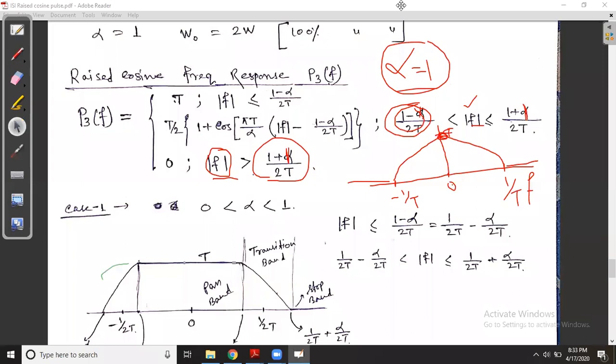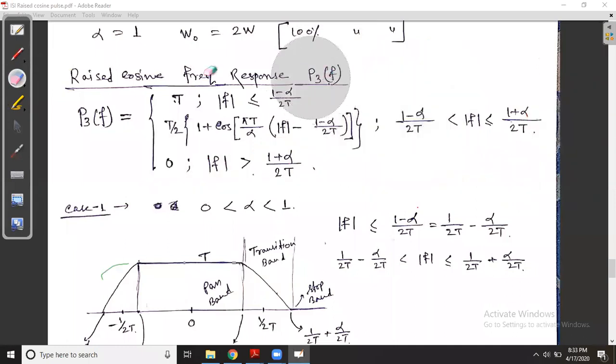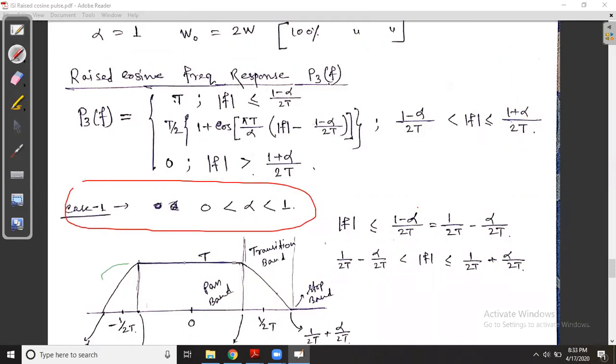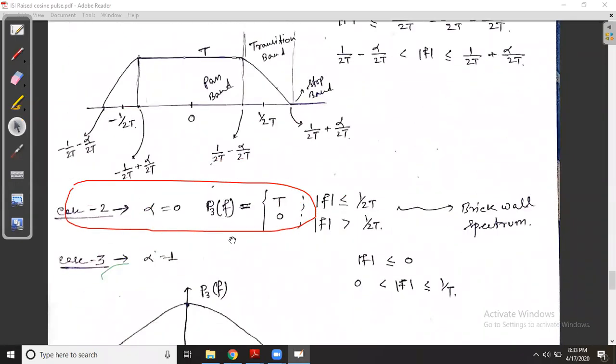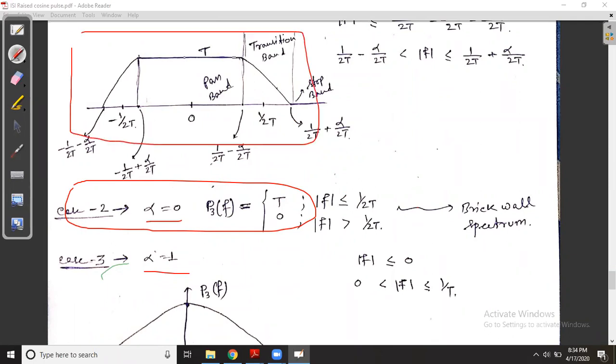These 3 are the cases we have to explain for raised cosine. We have taken the first case when the value of alpha is in between 0 and 1, then when the value of alpha is 0, and when the value of alpha is 1. When alpha is in between 0 to 1, you will have this kind of pulse.